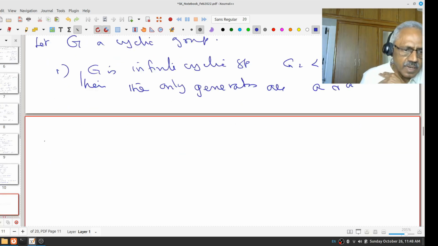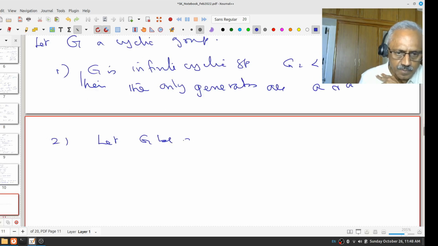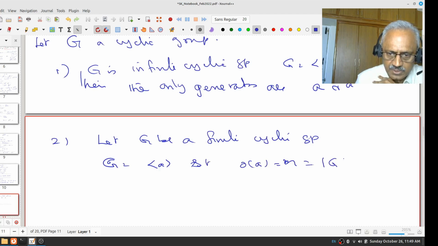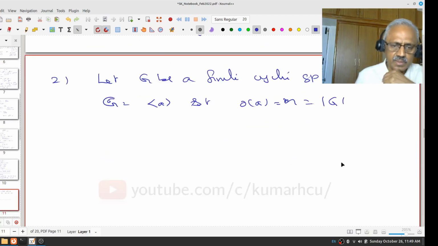Okay, and so let G be a finite cyclic group. So let G equal ⟨a⟩ such that the order of a equals n, that is the number of elements in G. Okay, then what are the things we show?